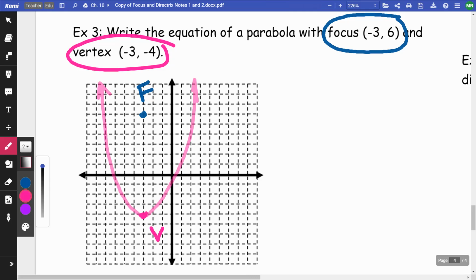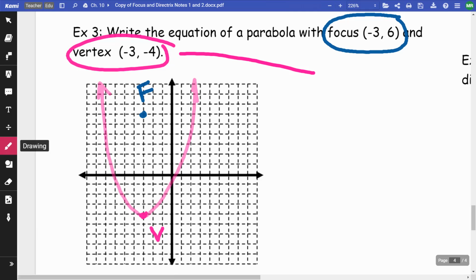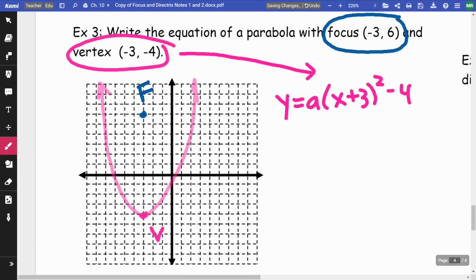Now, since they gave us this vertex, I actually already knew y is equal to a times (x plus 3) squared minus 4. I already knew that. But I needed to find my a. And my a, remember, is equal to 1 over 4c.